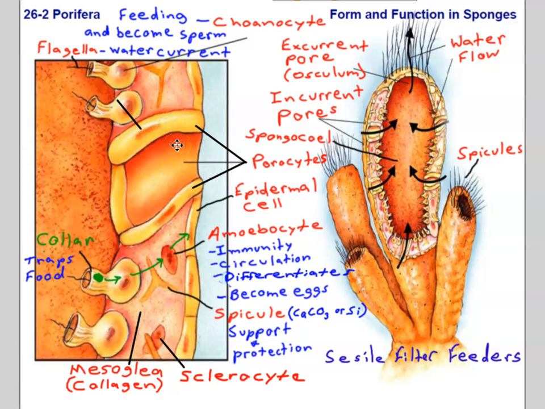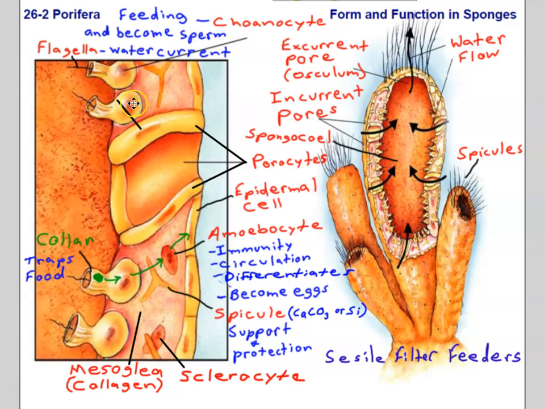A number of different cells are carrying out a number of different functions. Choanocytes are the ones that look just like choanoflagellates. In choanoflagellates we actually call the individual cells choanocytes too, so they have the same name because they are identical.